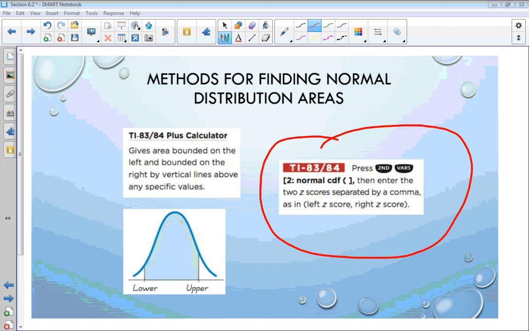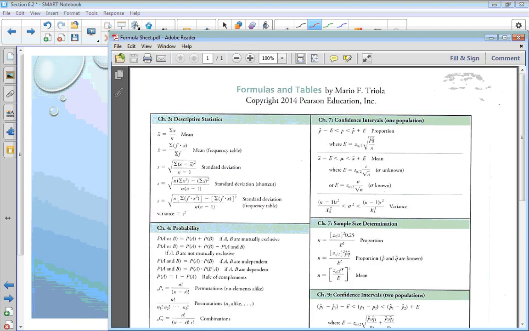I'm also going to bring up the table. Now the table is in your textbook.